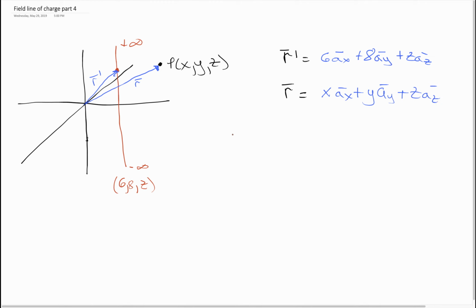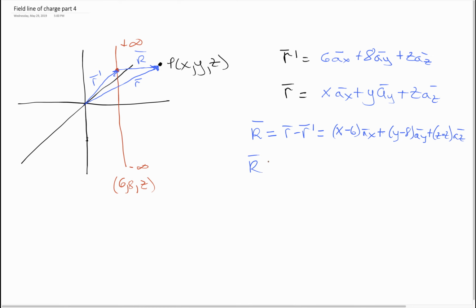And now we have our new vector, which I drew before, R, and R is equal to r minus r prime, as I've said before. And so that's going to give you x minus 6 ax plus y minus 8 ay plus z minus z az.